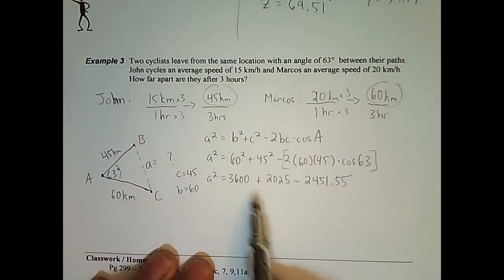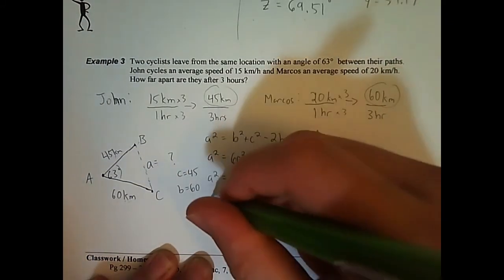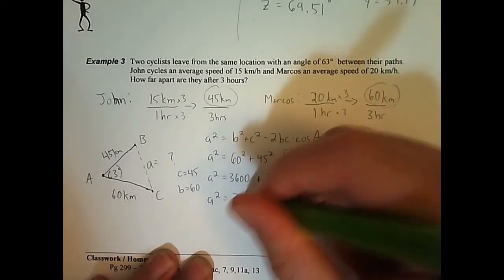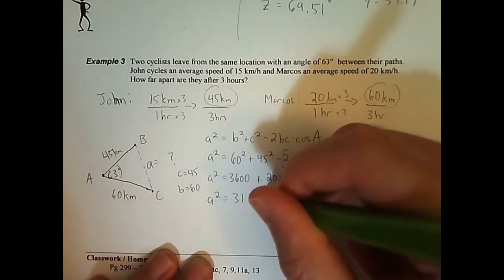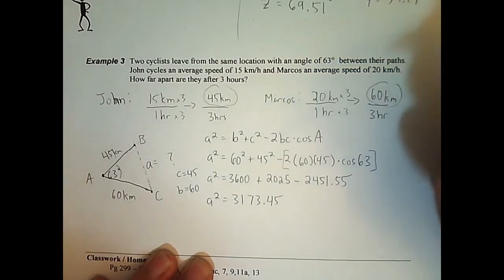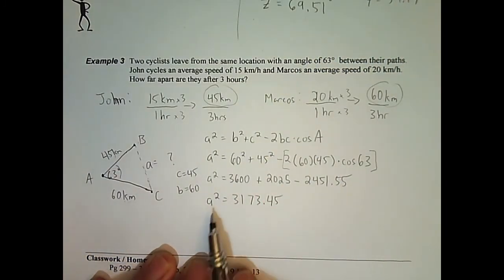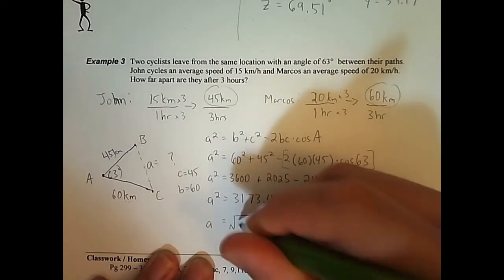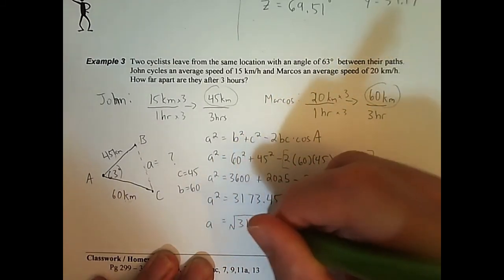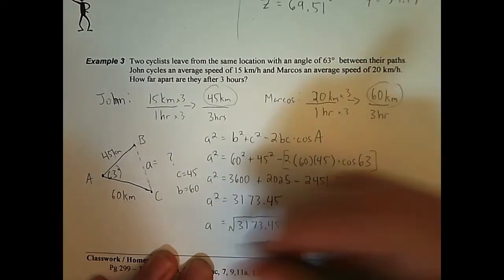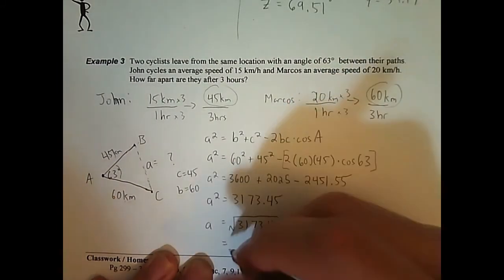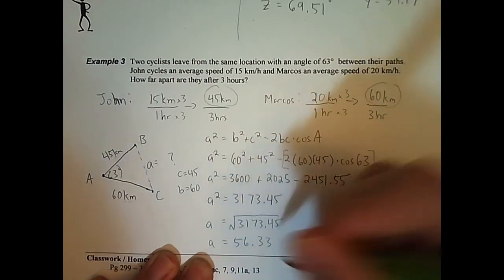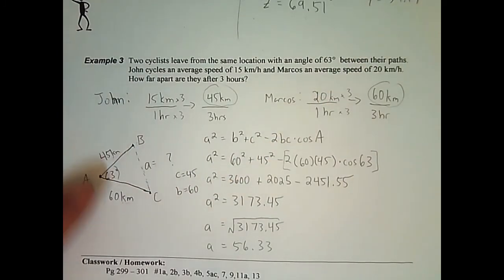And then if I add and subtract these to simplify, I get a squared is equal to 3,173.45. And remember, I'm solving for a side. I want just A, not A squared, so we're going to square root the other side. And I'm left with 56.33, which kind of falls in the realm of these numbers as well.